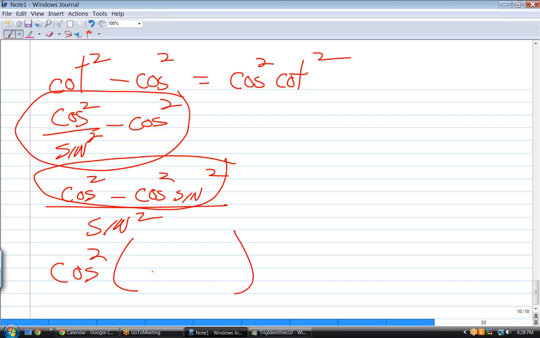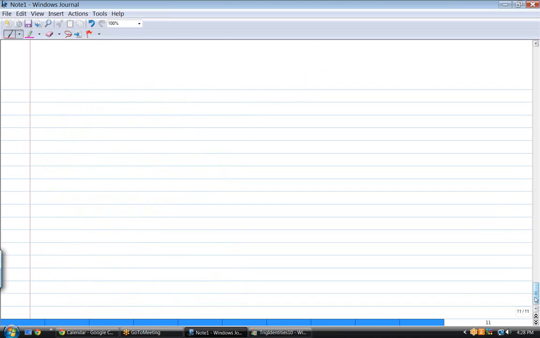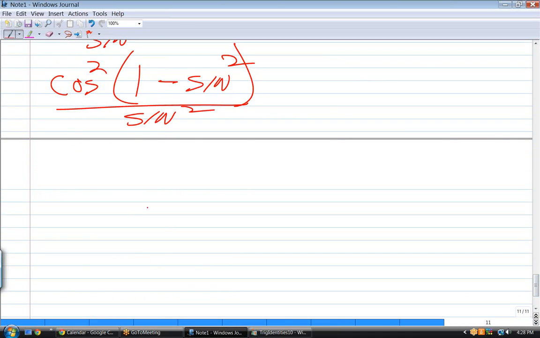What's left? Isn't it just 1 minus sine squared? All over sine squared. Well, 1 minus sine squared is what? Cosine squared.